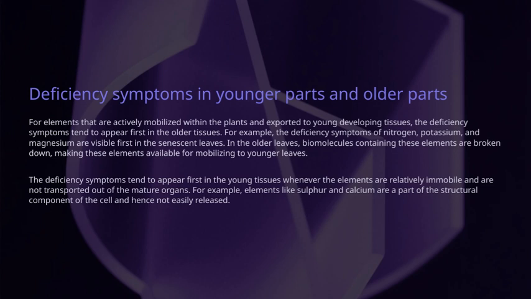This happens because the plant breaks down biomolecules containing these elements in the older leaves, making these nutrients available for transport to the younger, developing tissues. So, understanding whether a deficiency appears first in young or old tissues really depends on how mobile that element is within the plant, which ties into the overall theme of nutrient mobility and deficiency management.